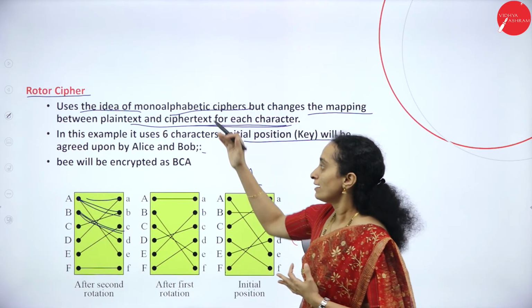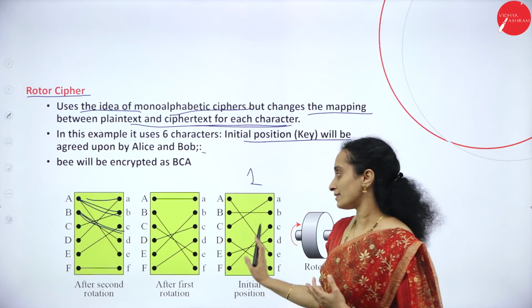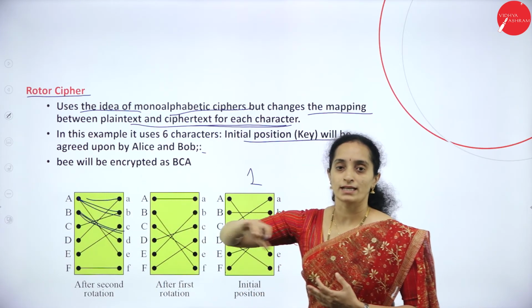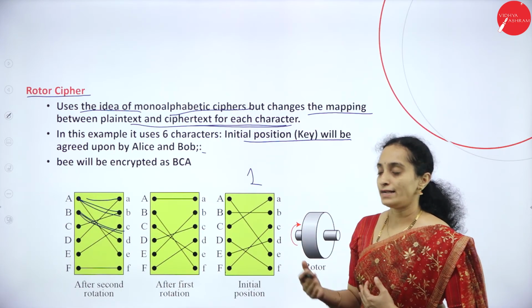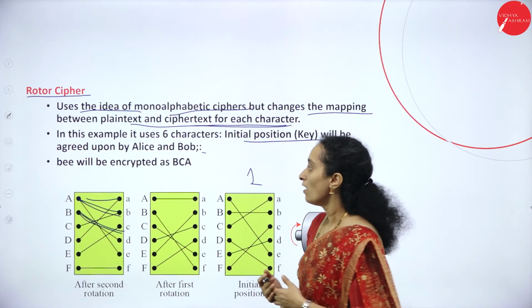Alright, this will be the first one agreed by both. The next will be automatically, randomly generated whenever the rotation happens in the algorithm.